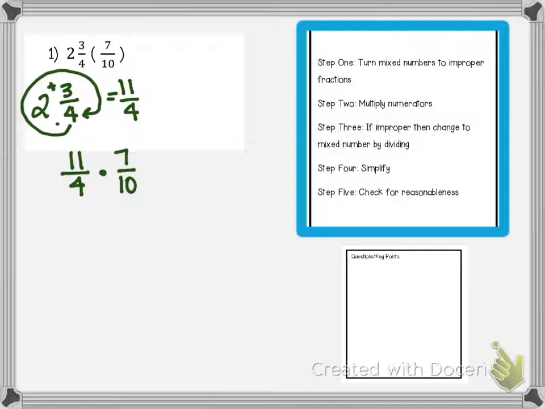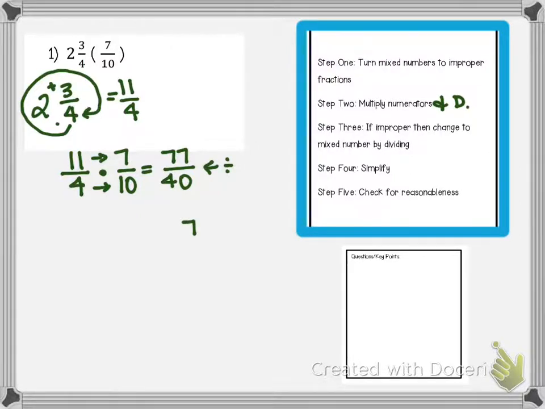Step 2 says to multiply your numerators and your denominators. 11 times 7 is 77, and 4 times 10 is 40. Step 3 says if we have improper fractions, then we want to change them to mixed numbers by dividing. That's just using fraction notation as division.